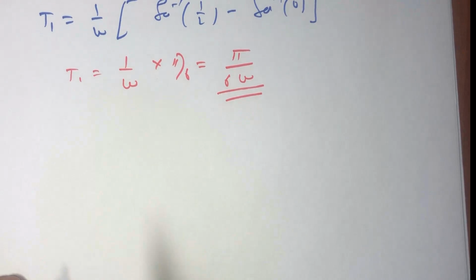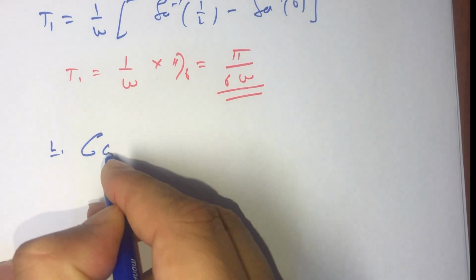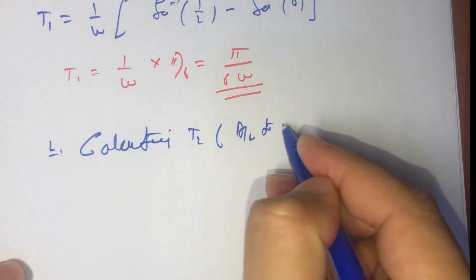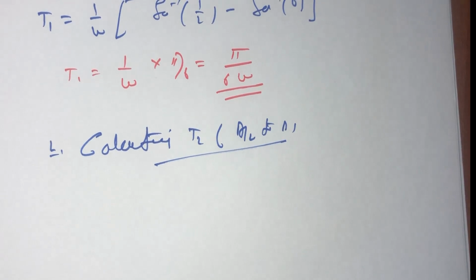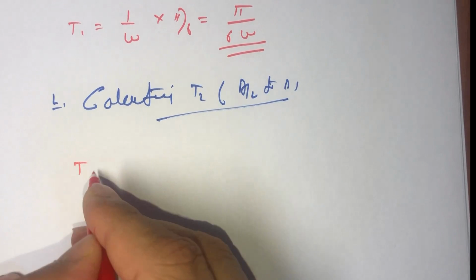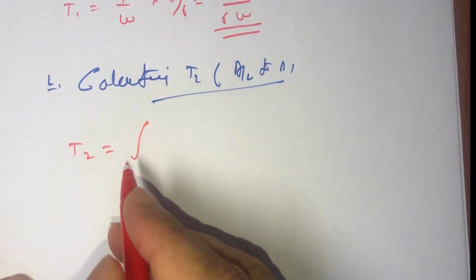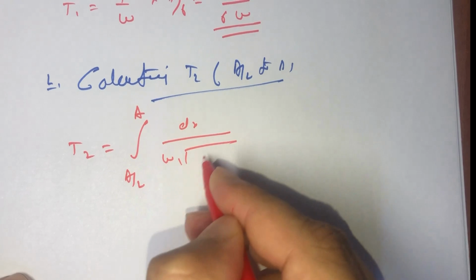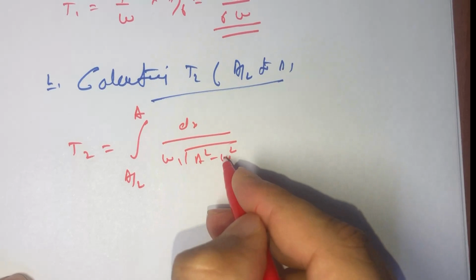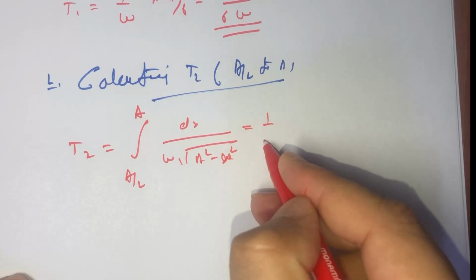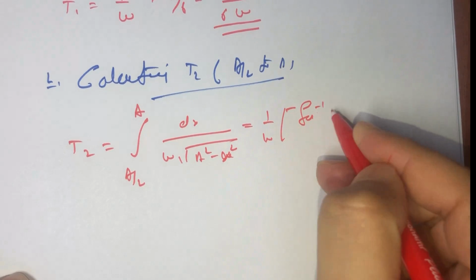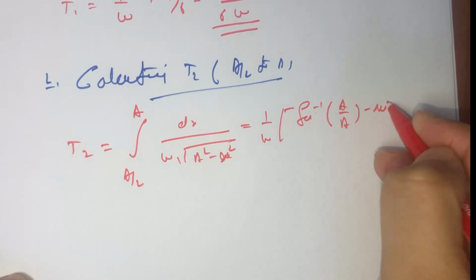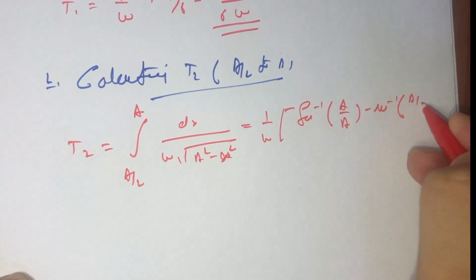Now we calculate t2. Calculating t2, and t2 is from a by 2 to a, so we get t2 with limits a by 2 to a, dx upon root of omega a square minus omega square x square, and this comes as 1 upon omega sine inverse, upper limit is a, so this becomes a by a, minus sine inverse of upper limit a by 2 divided by a.